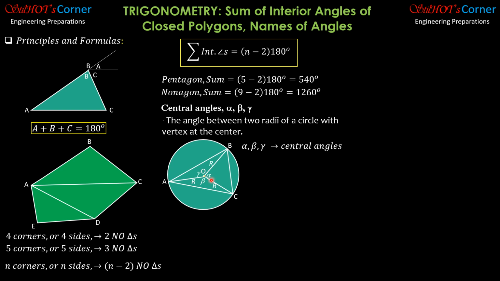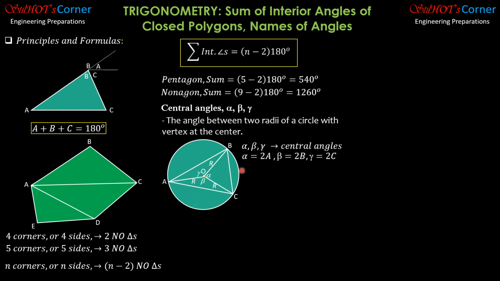As of the moment, let's accept the fact that triangles ABO, BCO, and ACO are isosceles triangles because two sides are equal. Therefore, the angles opposite these equal sides are also equal.